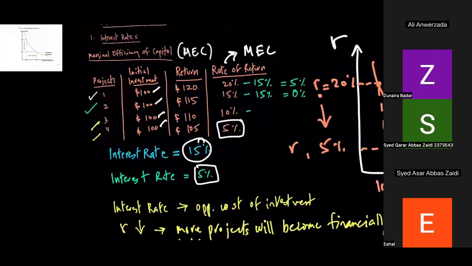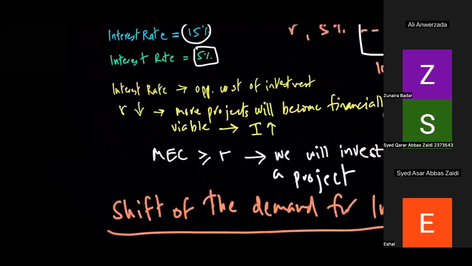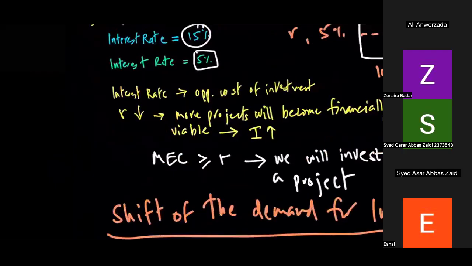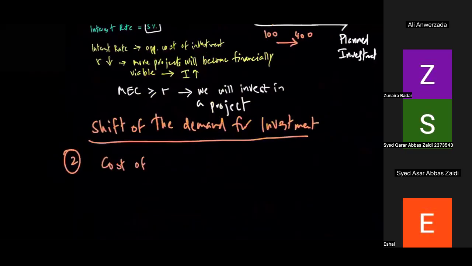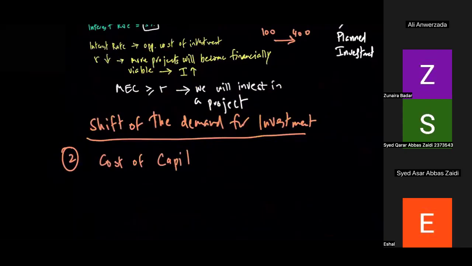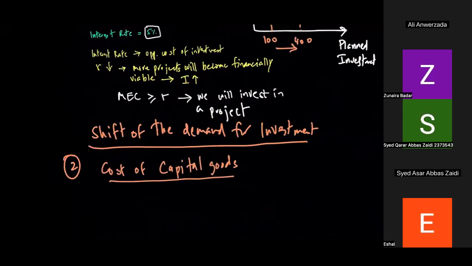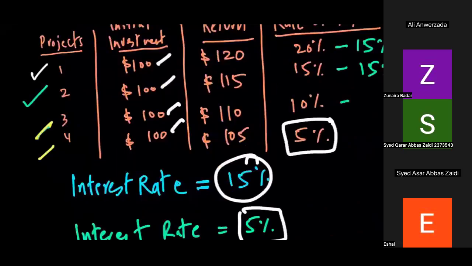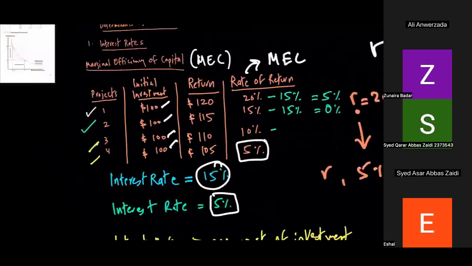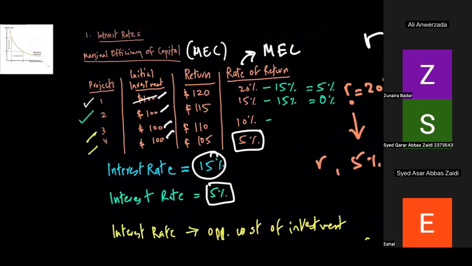The second determinant is basically your cost of capital goods. If the cost of capital goods go down, okay, look at this table, guys. Right now the cost of capital is 100. If this cost of capital, instead of 100, was, for example, 80, then what will happen?